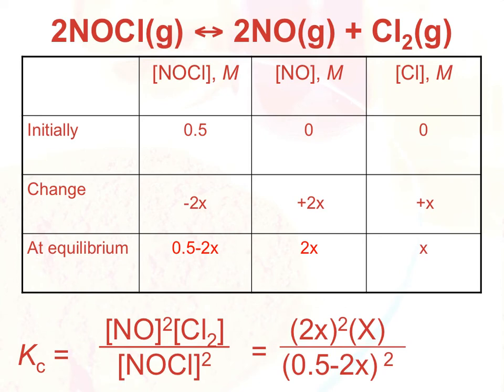Okay, so then we utilize our initial and change values to set up our equilibrium concentration values with respect to x. So you bring them all down like you've seen here. Okay, and then we take these values, just like we did in our previous example, and we plug them into our equilibrium expression. Okay, so we have them as follows.